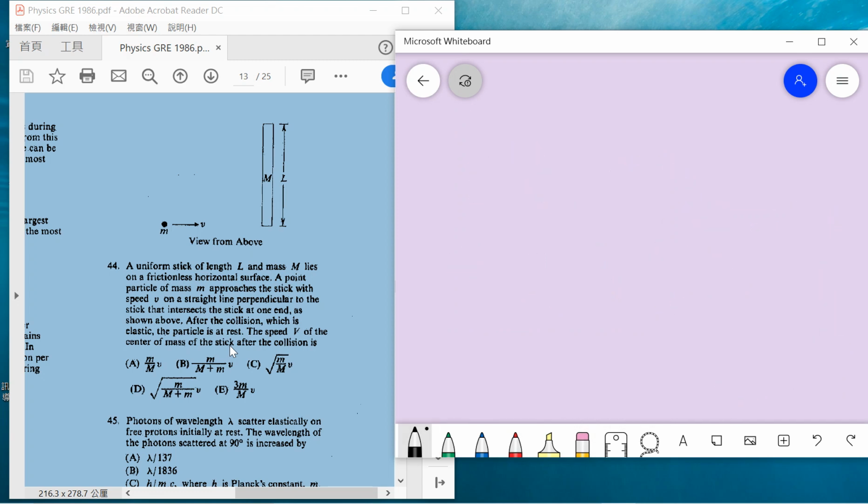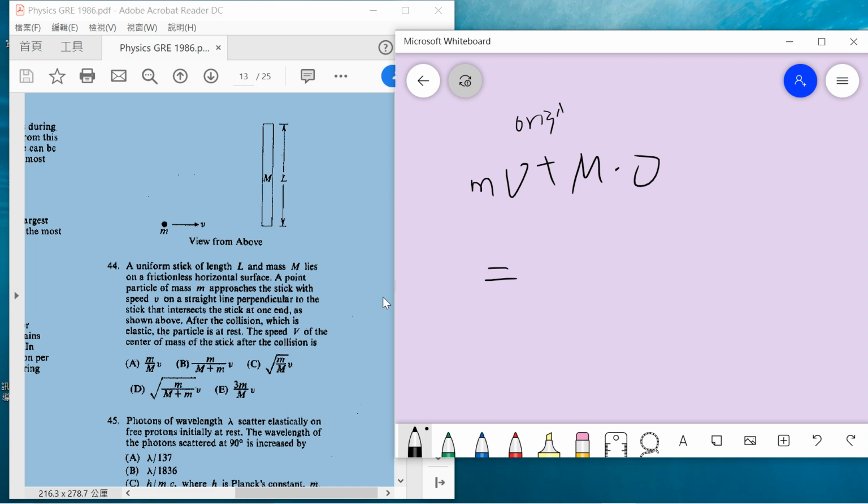Usually for collisions we have two formulas we can use: one is momentum conservation, and one is energy conservation. In this question, what we need is momentum conservation, because it's about velocity. So we have the original momentum, plus M times 0 because the stick is initially at rest, equals the final momentum.